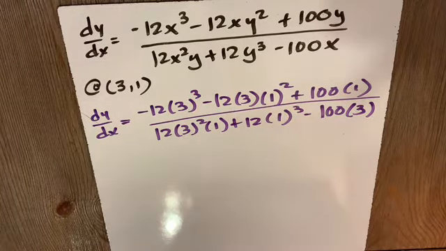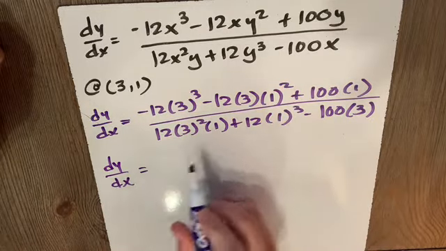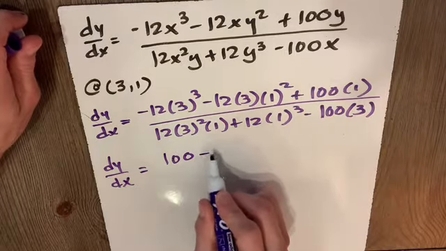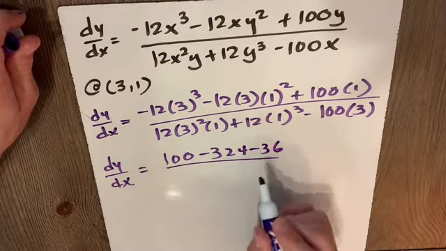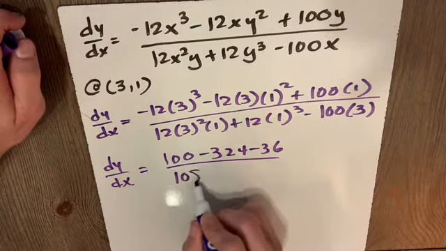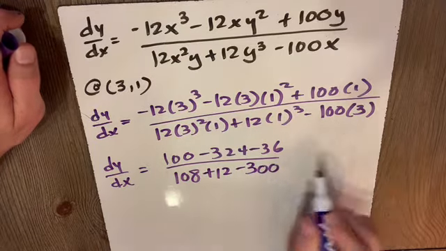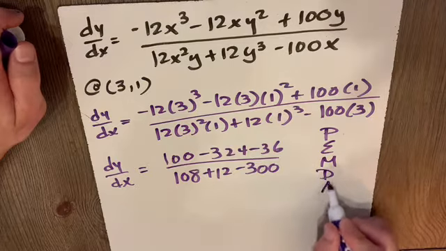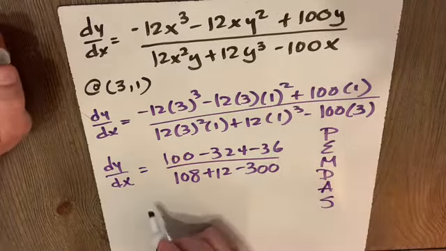Every time I saw y, I substituted in 1. When I crunch the numbers, I get 100 minus 324 minus 36, all divided by 108 plus 12 minus 300. Now, I'm doing that by following parentheses, exponents, multiplication, division, addition, and subtraction. For example, 3 times 100, you can see clearly I get 300 there.